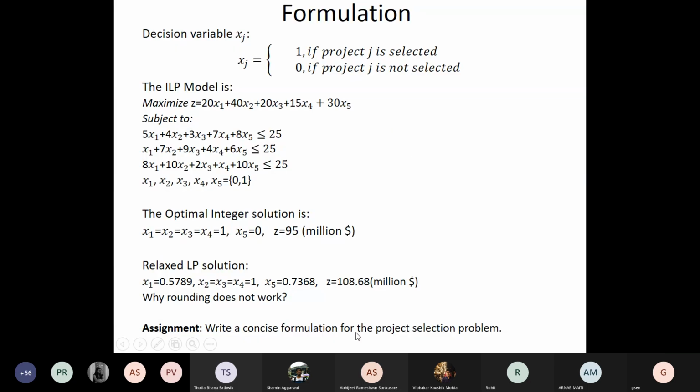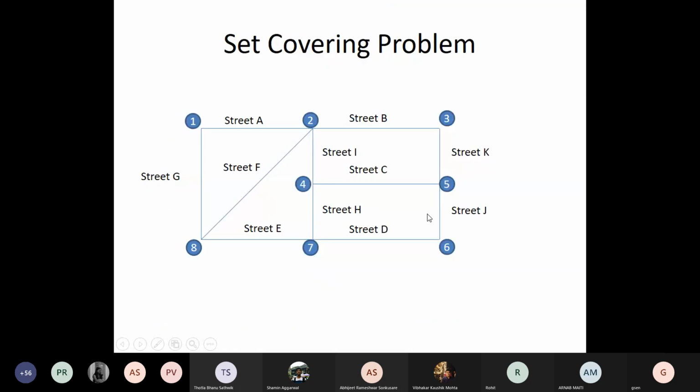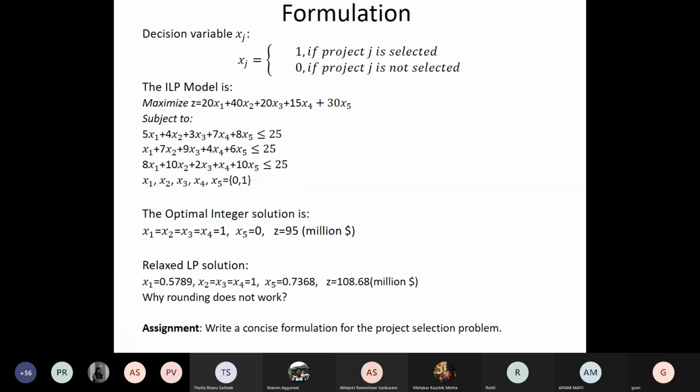There is some problem happening at my end. Is the slide visible? Yes, sir. Okay. Yes, sir. Yeah, yeah.